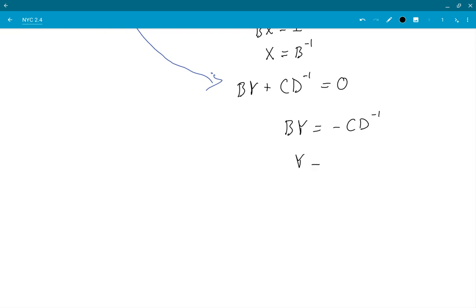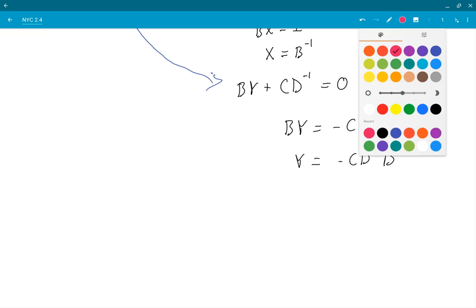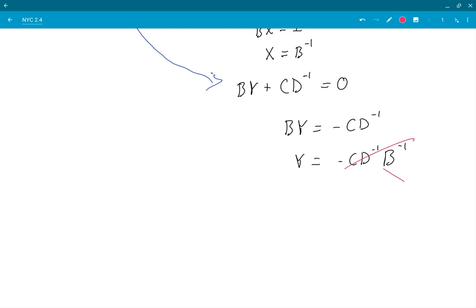So y is equal to minus C D inverse B inverse on the right. Oh no, mistake. That's no good. I put my B inverse in the wrong place. It must go on the left.